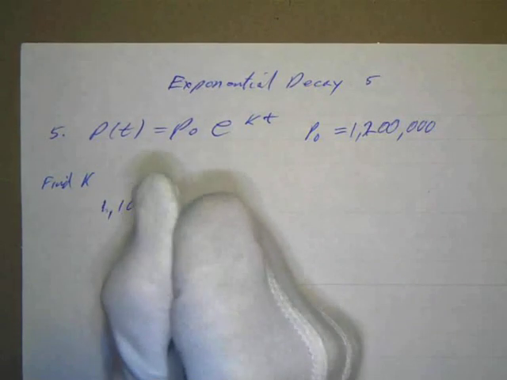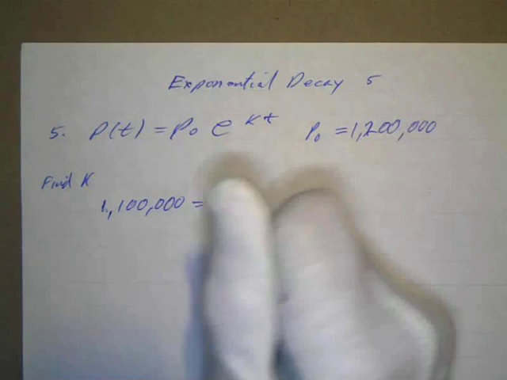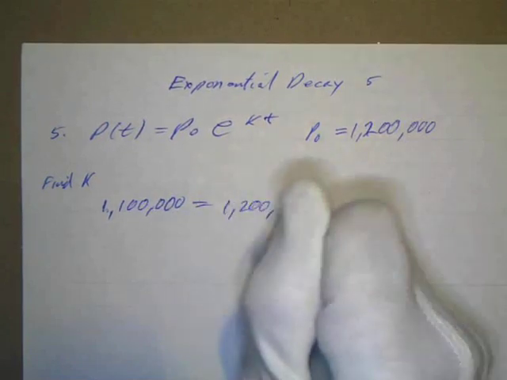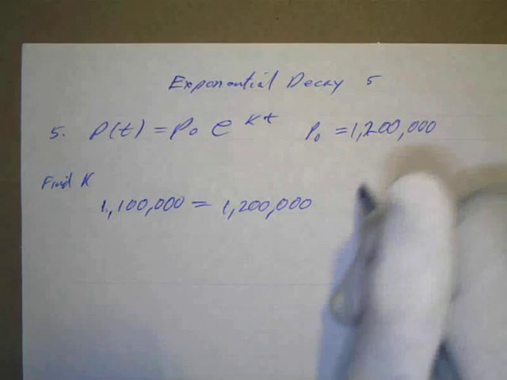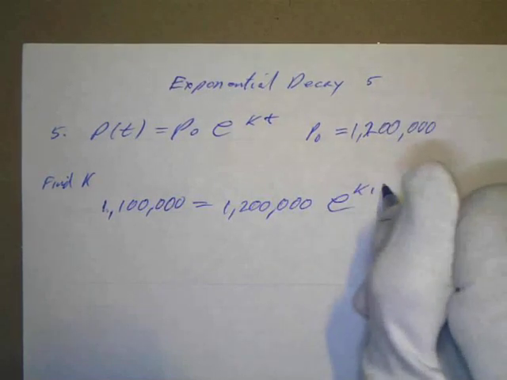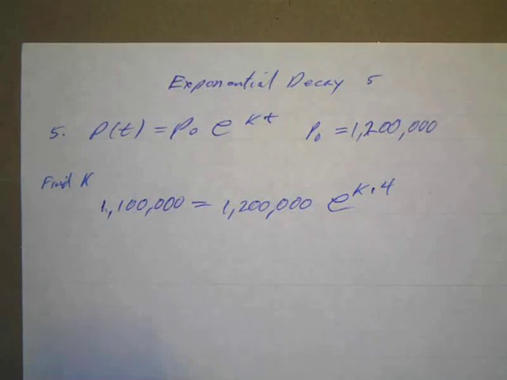So we know we have 1,100,000 when t is 4. My initial population is 1,200,000 times e to the k. I don't know k, but that's when time is 4 years. So I can use that to find k.